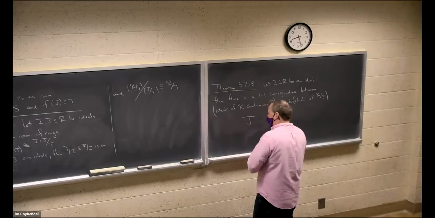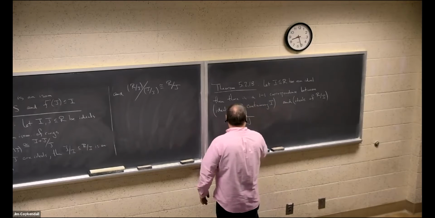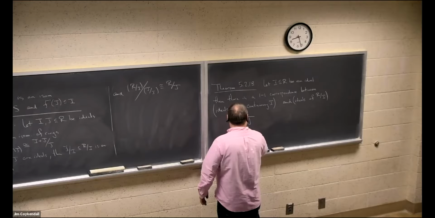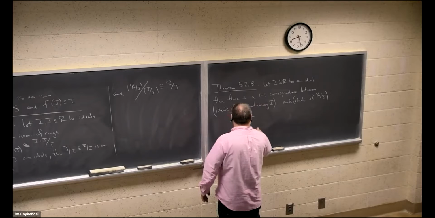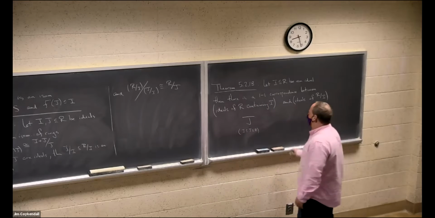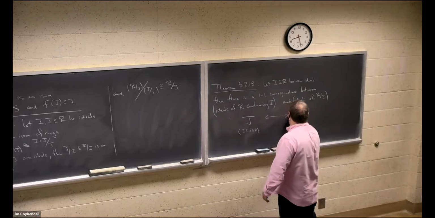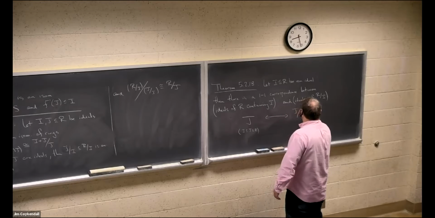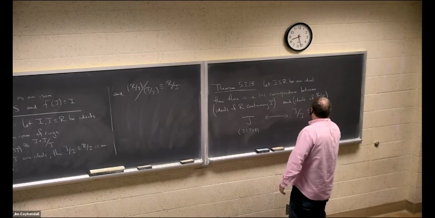Suppose that J is an ideal containing I, and this corresponds to J mod I.